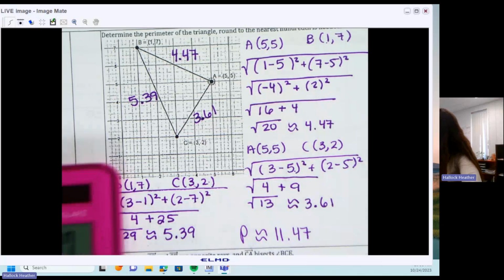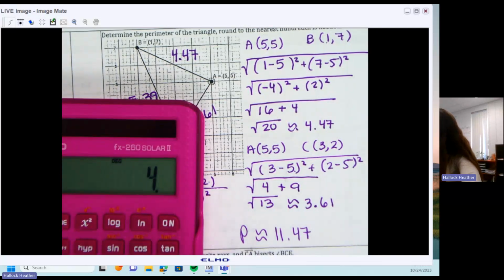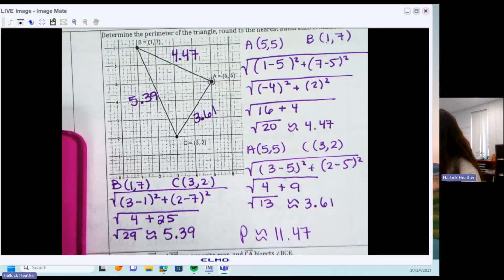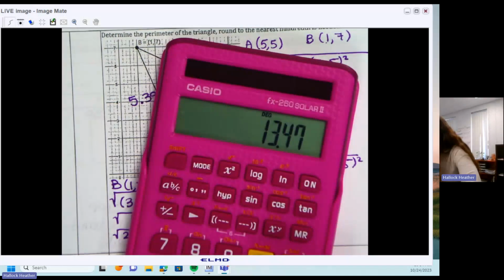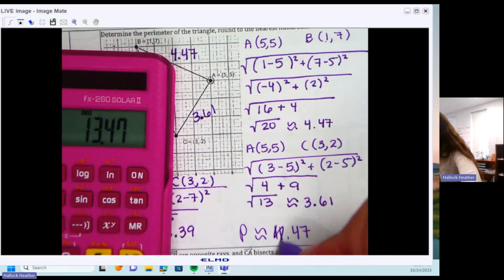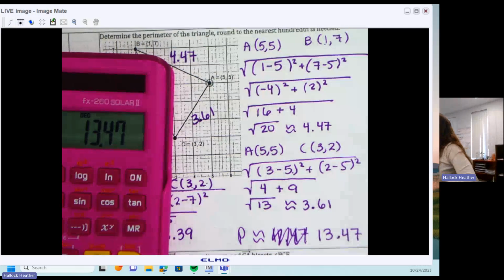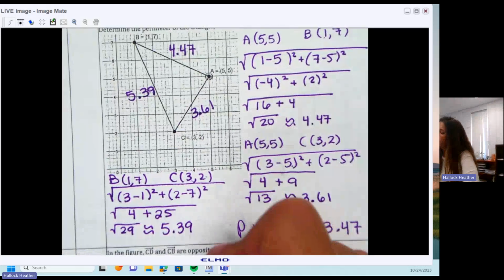Oh, no, I didn't. Okay, that looked wrong. Let me re-add these. 4.47 plus 3.61 plus 5.39. Okay, that was wrong. I had something in my calculator when I first started. So the perimeter is not that. It's 13.47-ish. Okay. So that's the answer.